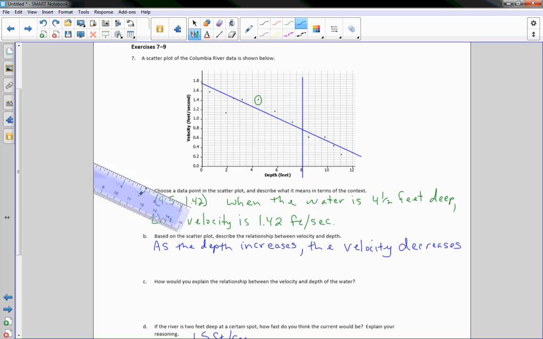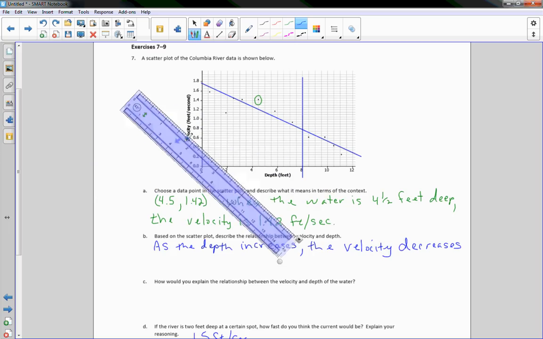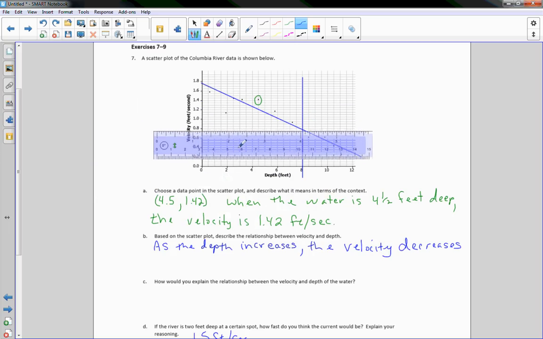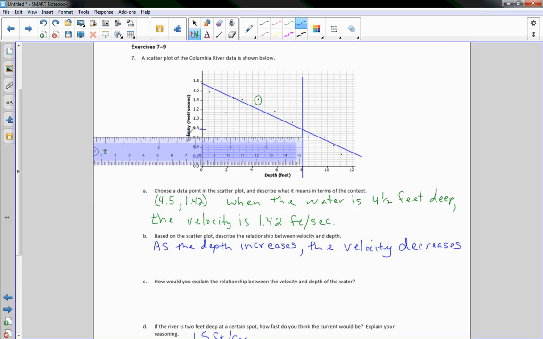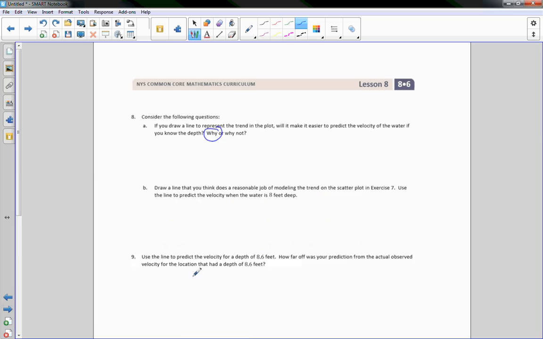And then if I take my ruler and make it horizontal, and I look, it's right here. So it's just under 0.8. So I would say my approximation would be 0.79 feet per second if the water is 8 feet deep.